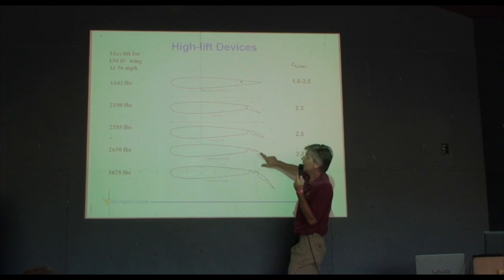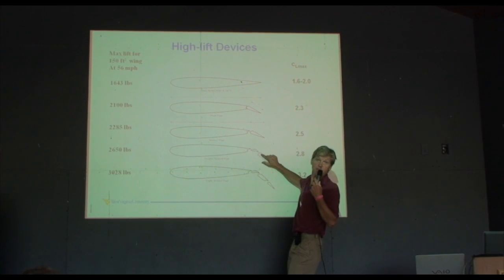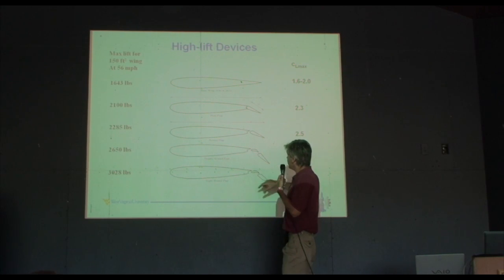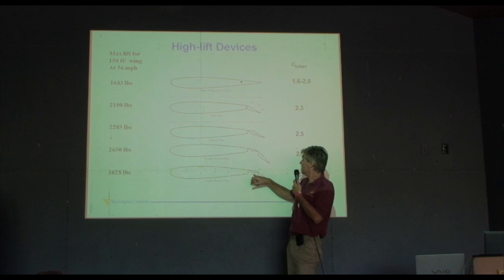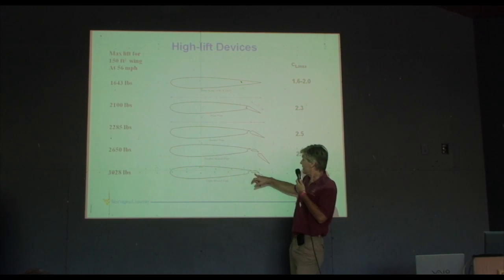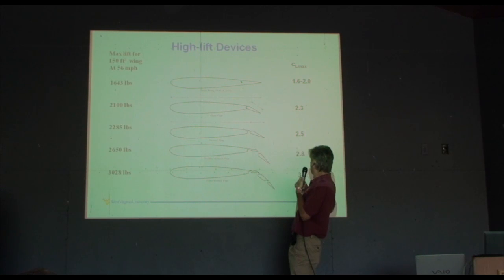If we go with this type of double slotted flap, which sometimes I call a turning vane, because it looks more like a turning vane than anything else, you get up to 2.8. And then on the big airplanes, the DC-10 or Airbus flap, they have triple slotted flaps, and they're all the way up here to 3.2. So that's the maximum lift coefficient.